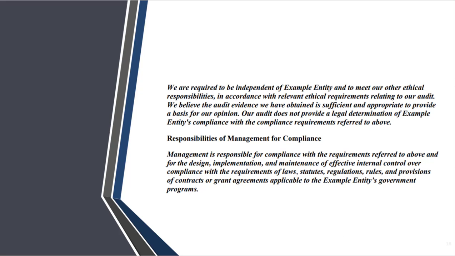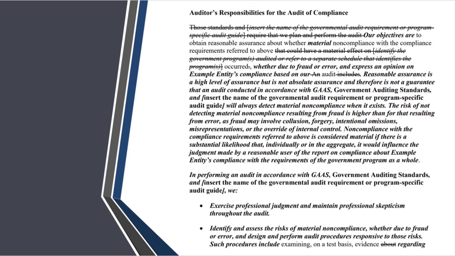We then have management's responsibility for compliance. So you'll see the design, implementation, and maintenance of internal controls, very consistent, as well as compliance with the compliance requirements. The auditor's responsibility also beefed up. We'll see that reference to the GAS. We'll talk about the definition of reasonable assurance. We'll talk about the difference between fraud and error. We'll talk about the materiality of noncompliance consistent with that updated definition.